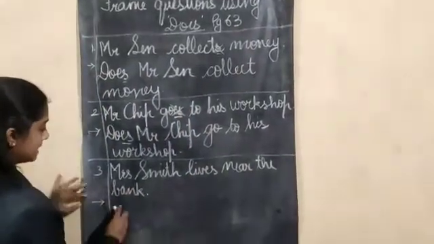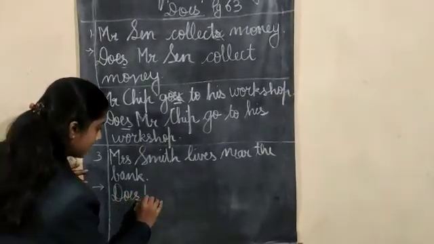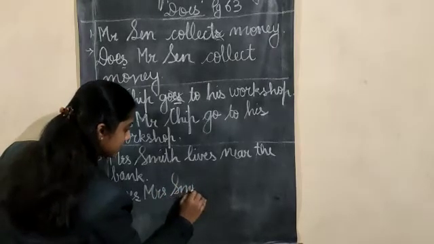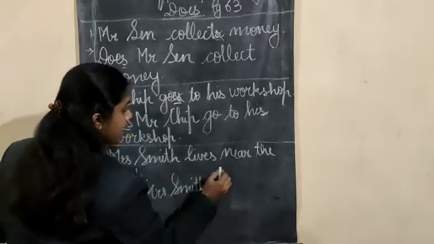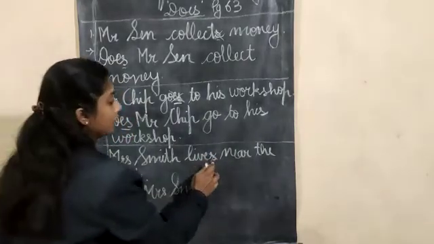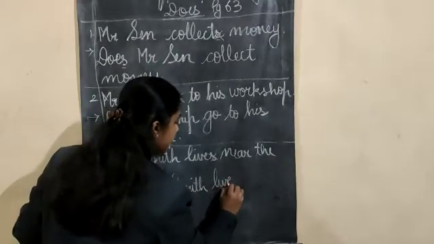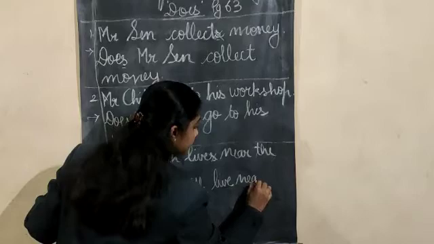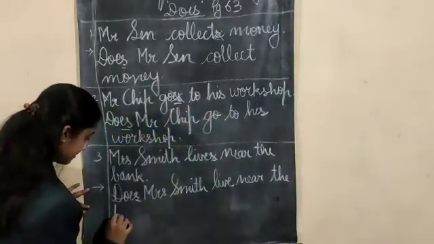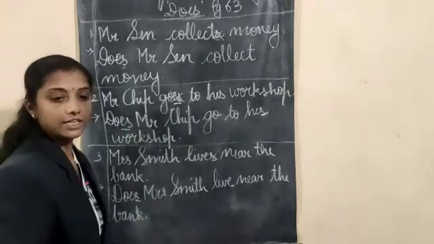Okay, now let's frame the question. Does Mrs. Smith. Now this S has already come here in does. So we do not write lives. Only we write live near the bank. Is it clear, children?